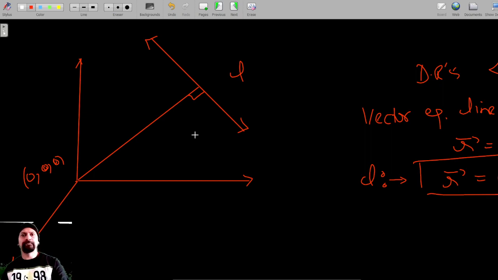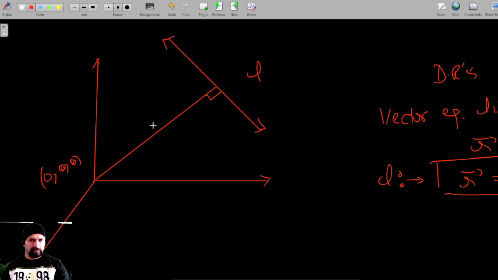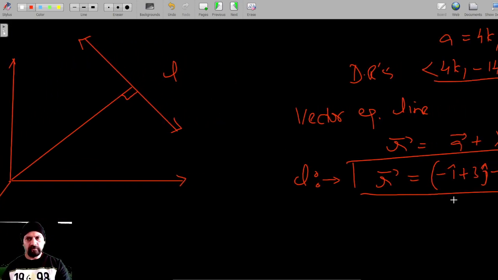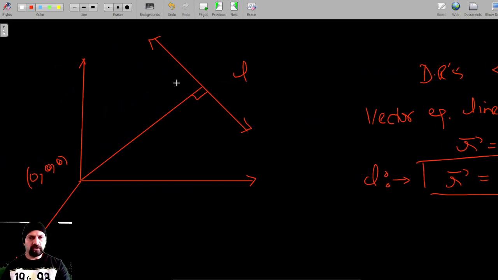Okay, now this line is passing through the point minus 1, 3, minus 2.